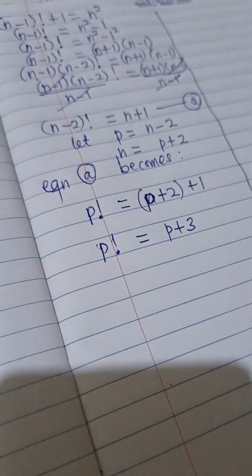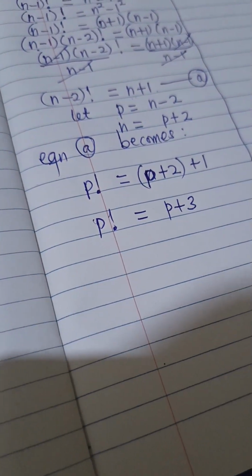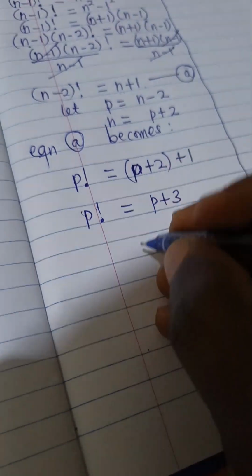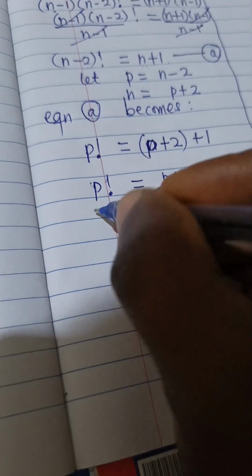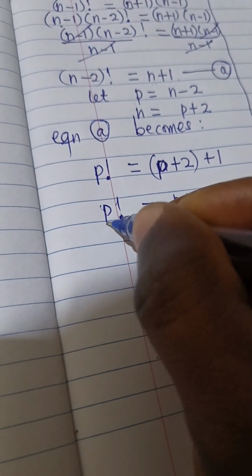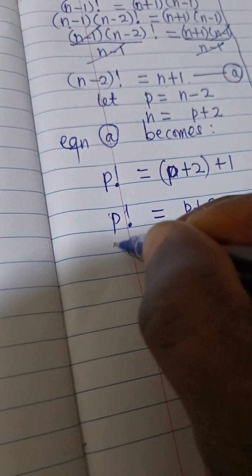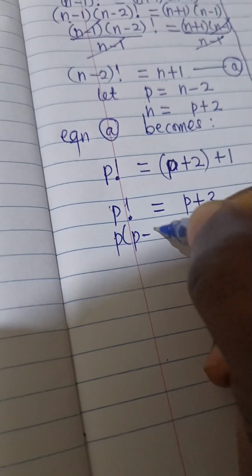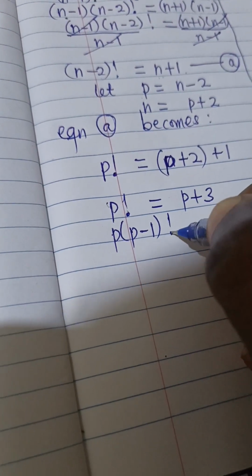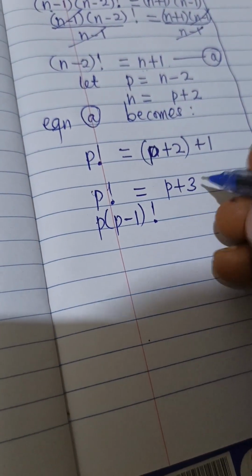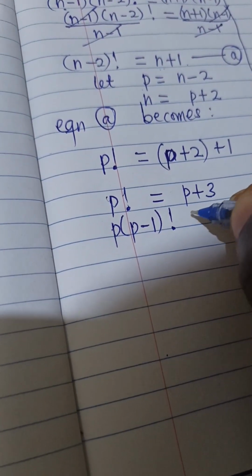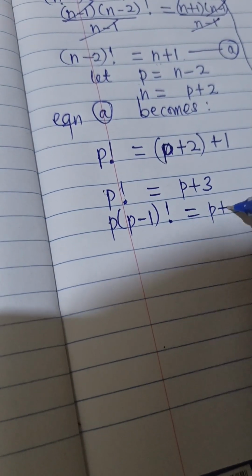Now, this is what I'm going to do. I'm going to expand p factorial, and that gives me p times p minus 1 all factorial, from the previous analysis that we made, equals p plus 3.